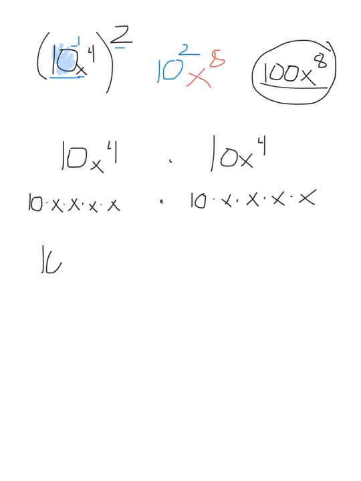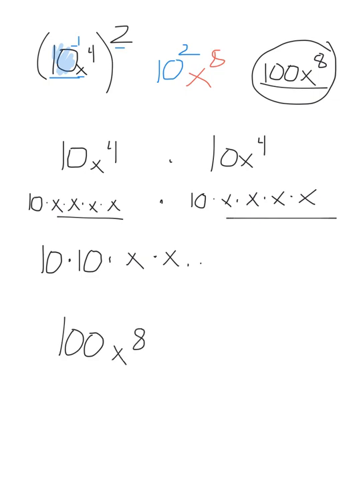So we're going to multiply our coefficients, and we have coefficients of 10, 10 times 10. And then we're going to be multiplying our bases of x. So times x, and I won't write it all out, so we'll just go dot, dot, dot, multiplying all our x's together. 10 times 10 is 100. And notice we have x to the 4th here, and we have 4 x's there, x to the 8th. Final answer in simplest form would be 100x to the 8th.